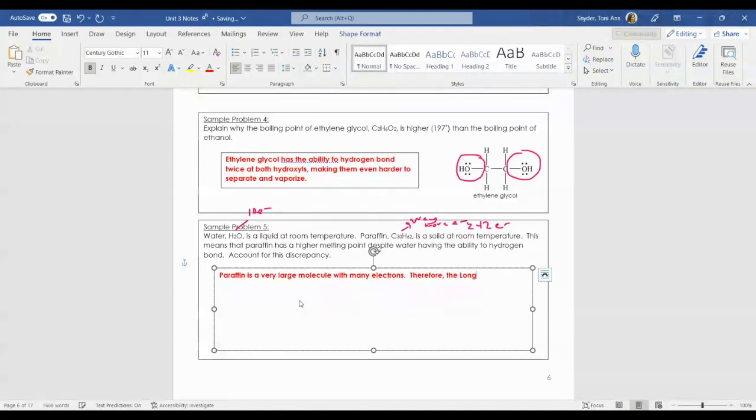Therefore, the London dispersion forces between paraffin molecules are very strong relative to the hydrogen bonding in water, having only 10 electrons total.